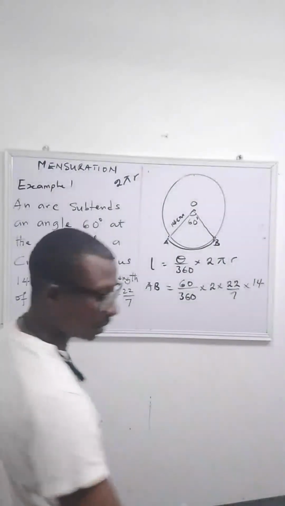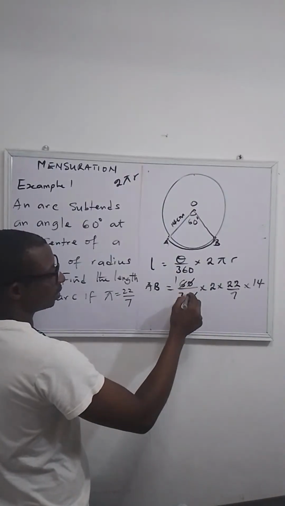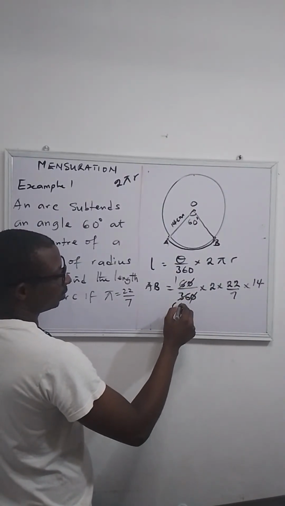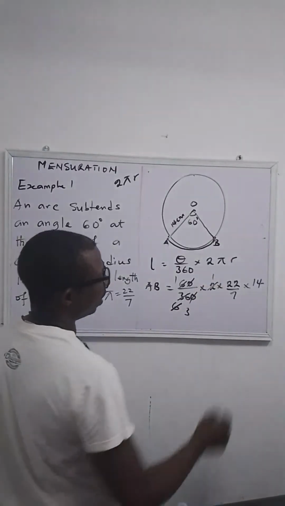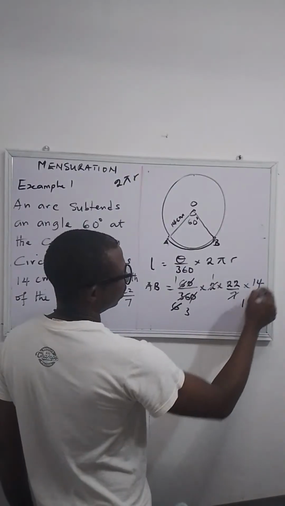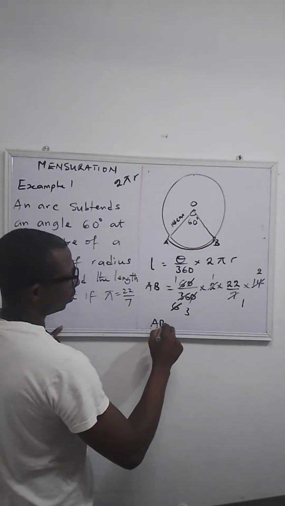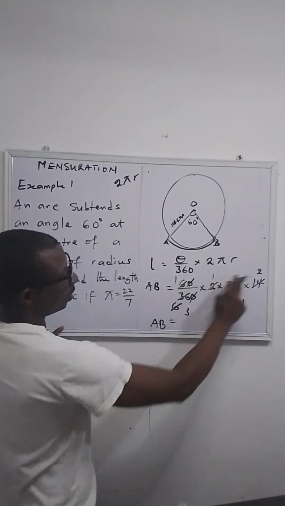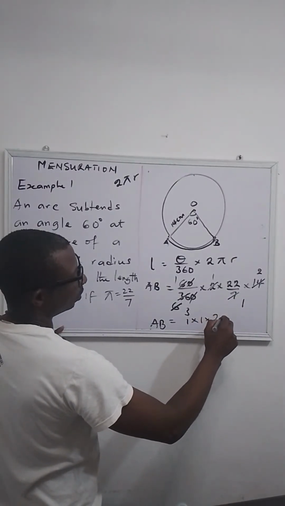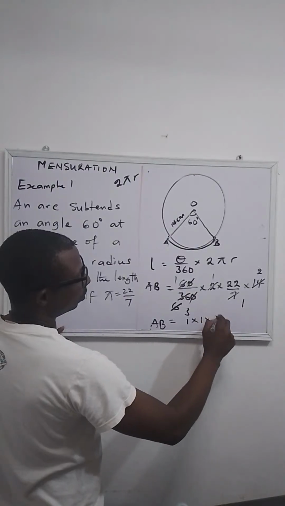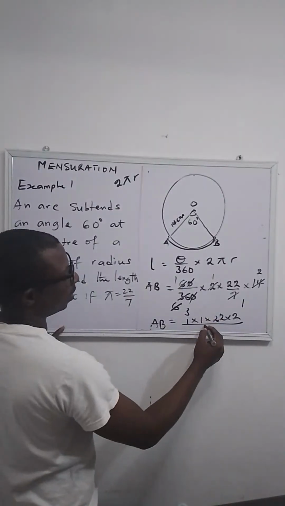Now you can see 0 cancels 0, 6 goes here 1, 6 goes here 6. 2 goes here is 3, 2 goes here is 1. 7 goes here is 1, 7 goes here is 2. So AB equals, in the numerator, 1 times 1 times 2 times 22 times 2, all over 3 times 1.